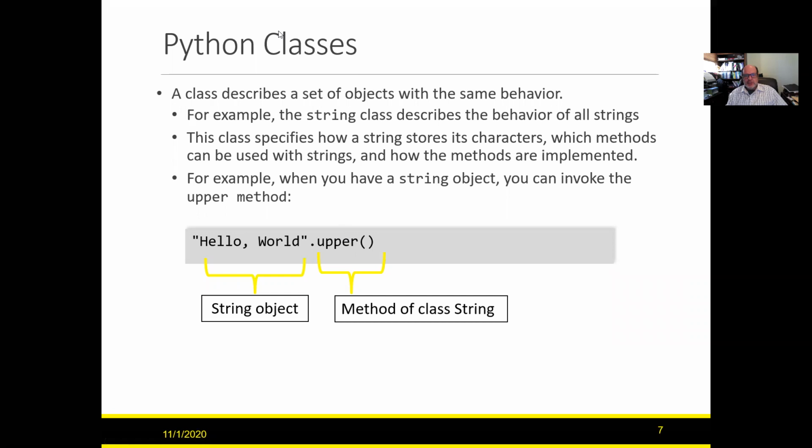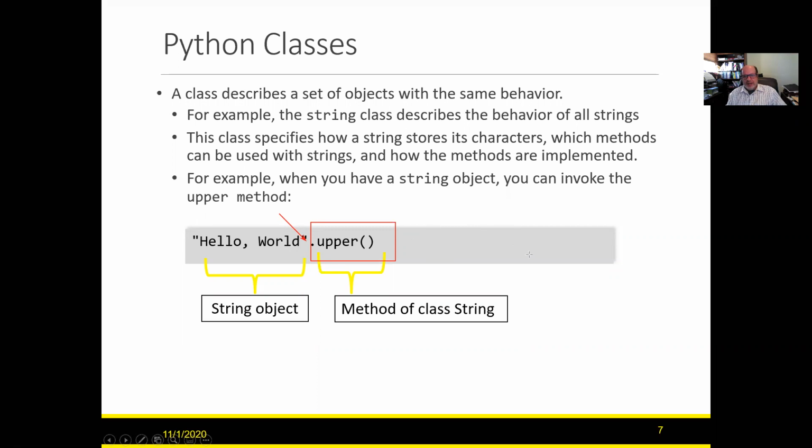So in this case, we have a method called upper, and using a dot, we are saying that this method belongs to this object. So when we create multiple objects of the same class, we have to know on which object that method is going to happen.